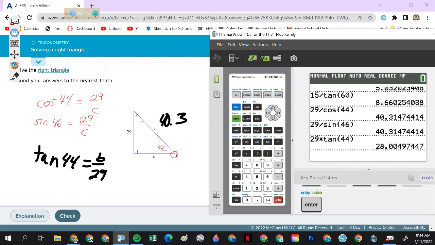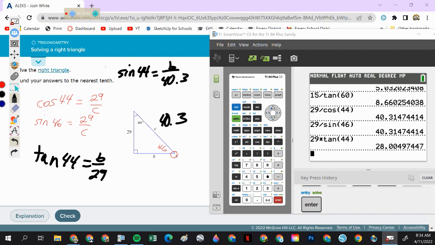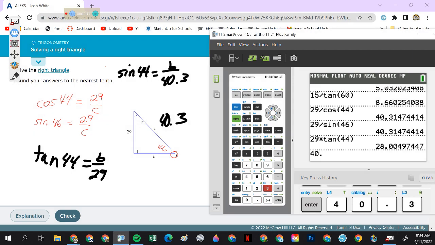Okay. Or I could also do the sine of 44, and that would be equal to b over 40.3, and that would be a multiply problem. So 40.3 times the sine of 44.